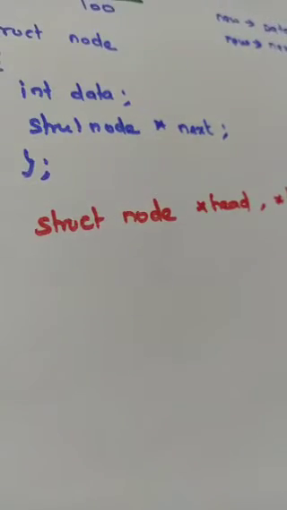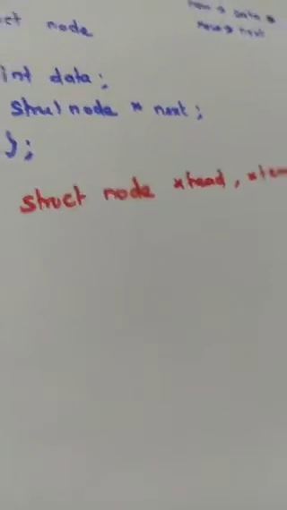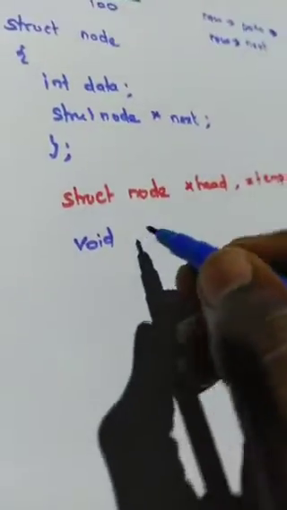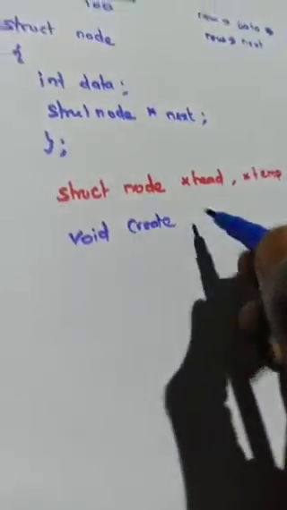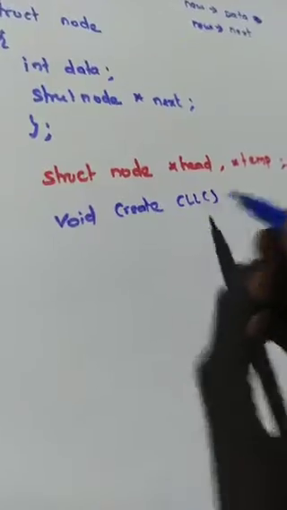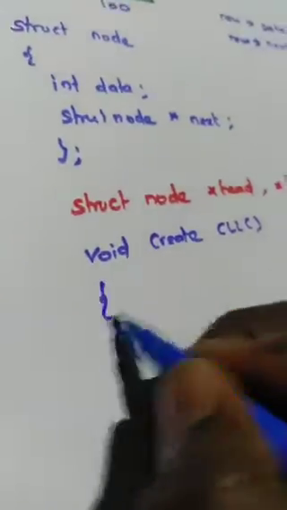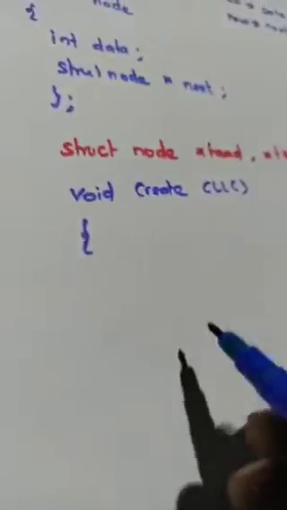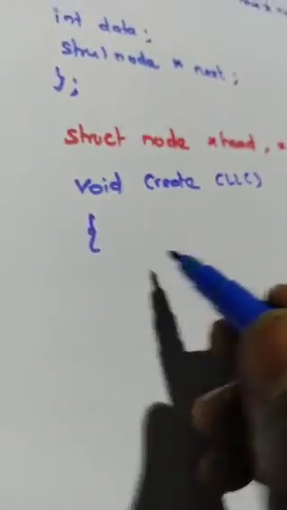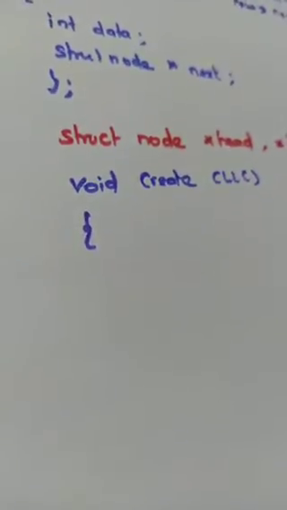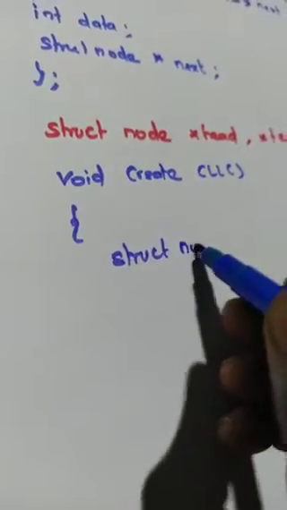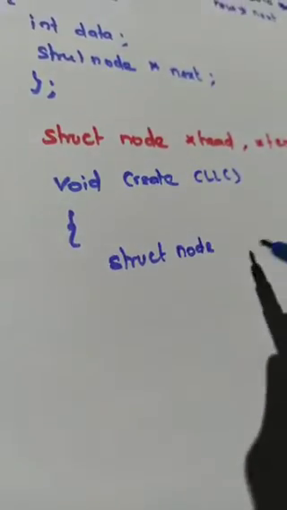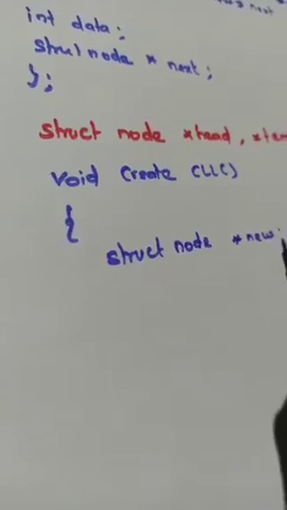Now we can go to create by using a void function, void create circular linked list, CLL. To the function, first I have to declare. Under create, I am going to create a node, right? So the data type will be struct node new.